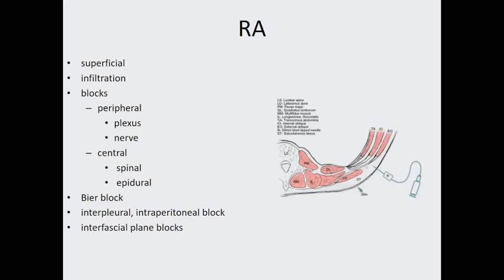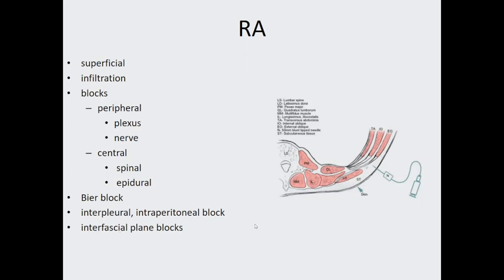It's also possible to place a catheter intrapleurally or intraperitoneally. It's usually done by a thoracic surgeon or general surgeon, because in most cases it's done intraoperatively. And interfascial plane blocks can also be performed.